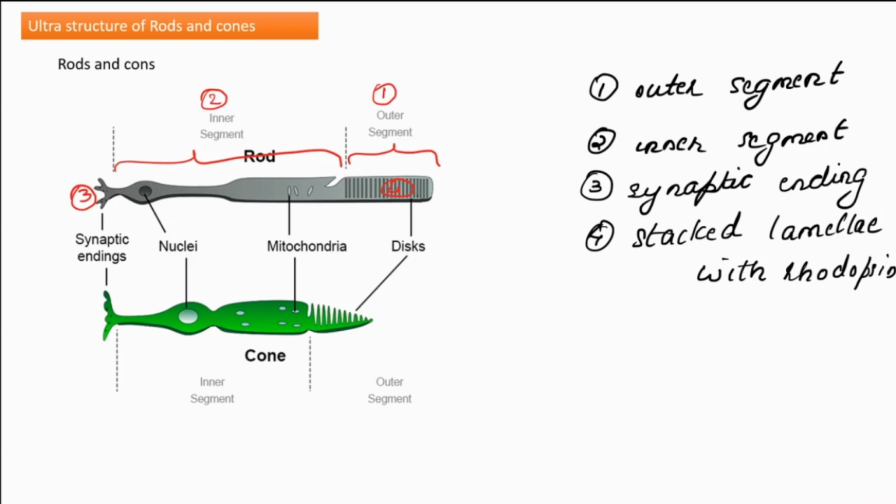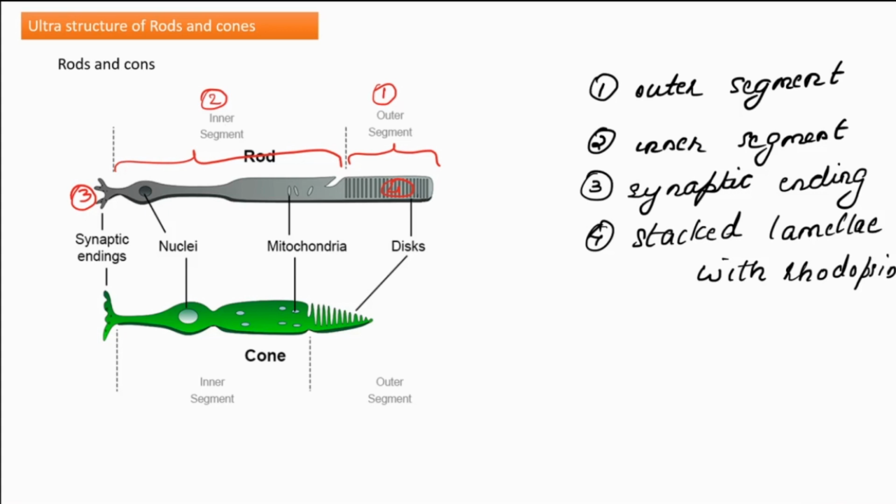Rhodopsin you have learned in another chapter. Does anybody remember where? In vitamin A deficiency diseases. Rhodopsin is a protein composed of scotopsin and retinol. Anyway, the outer light sensitive region contains many lamellae, and in those lamellae is the visual pigment rhodopsin.